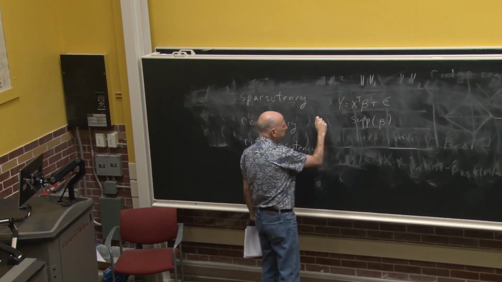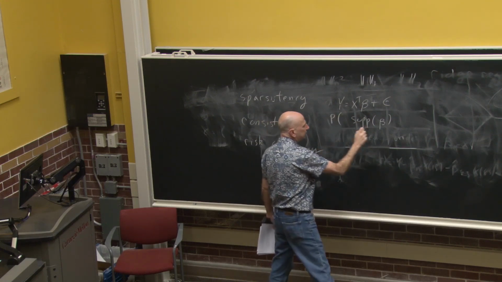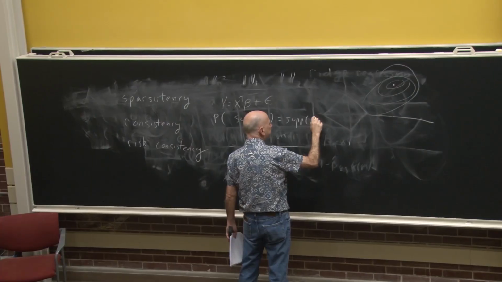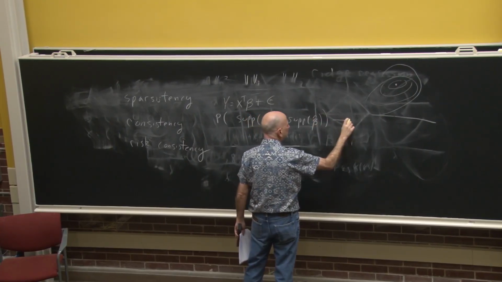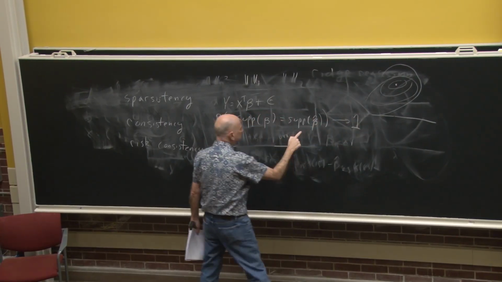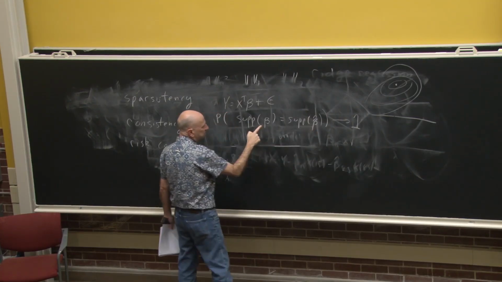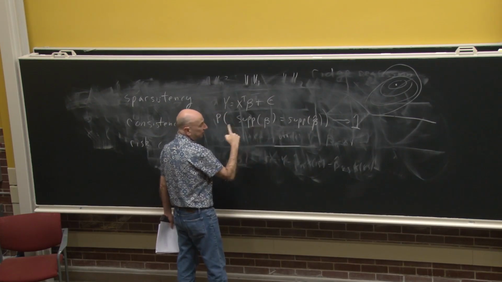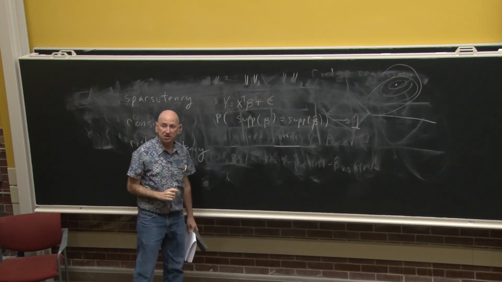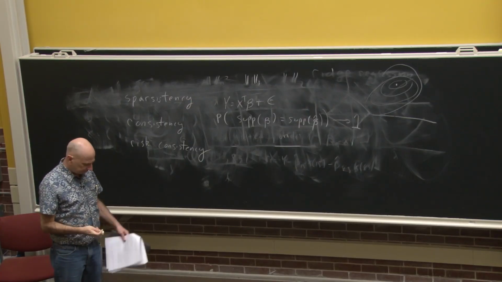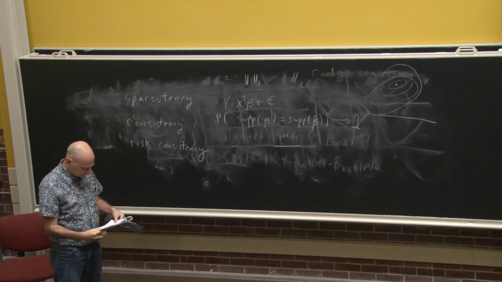Then sparsistency says that the probability that the estimator has the same support, so these are the places where this is non-zero, of the estimator and of the truth, if the probability of that goes to 1, then we say it's sparsistent. It's getting the right sparsity pattern. And there's a lot of theorems about that. I've quoted a particular version.